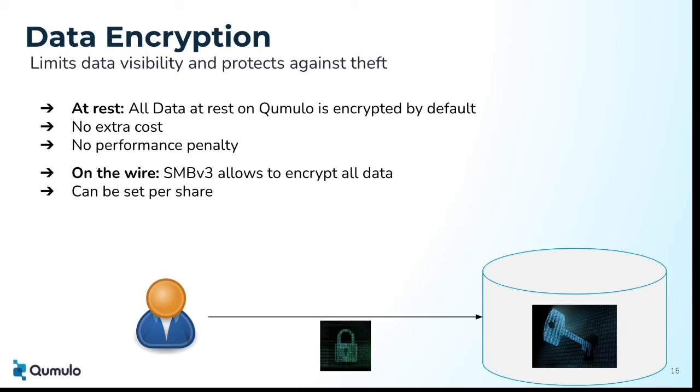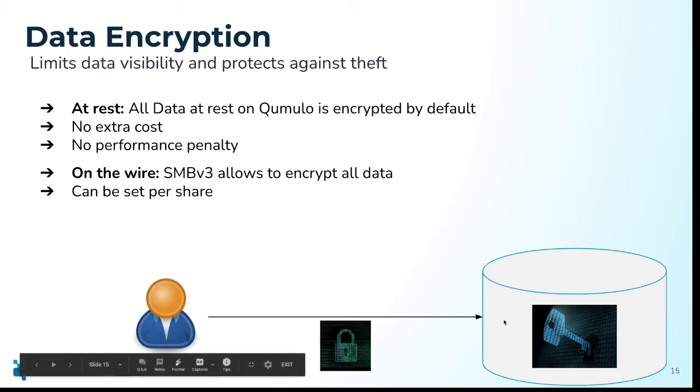They cannot even forget it because all data on all drives will be encrypted by default if you install a new cluster. And then per share, you can also decide to encrypt over the wire, which makes data less visible on the network.